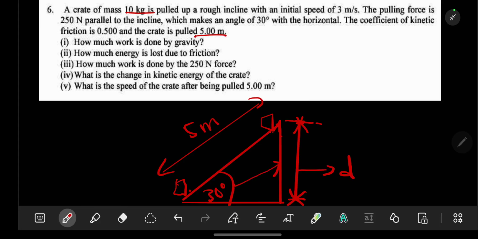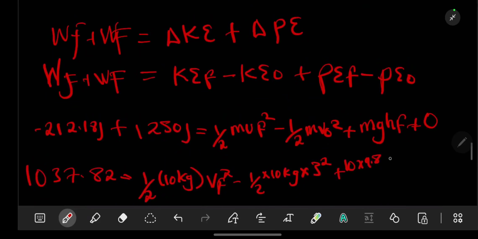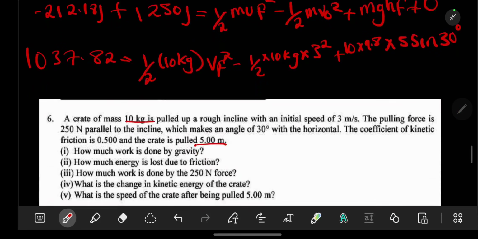So whatever distance you have, which is your d, you are just going to say the sine of that angle theta. So the height is d sine of 30. Why is it that? Because this angle is opposite to this side. So we are going to have 5 times the sine of 30 degrees. So this is basically how we answer that.